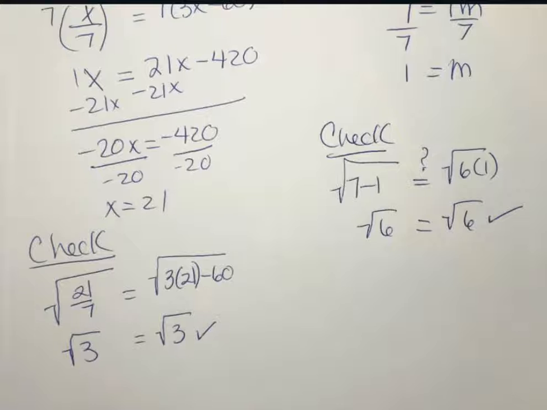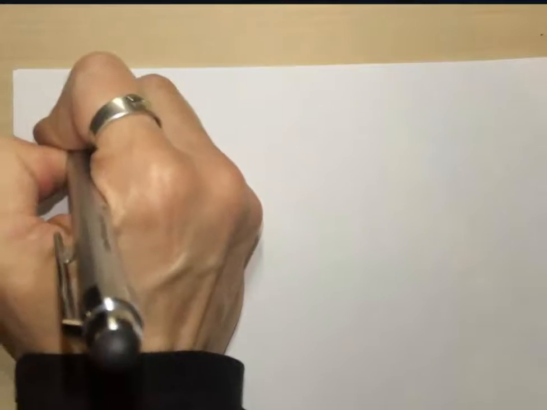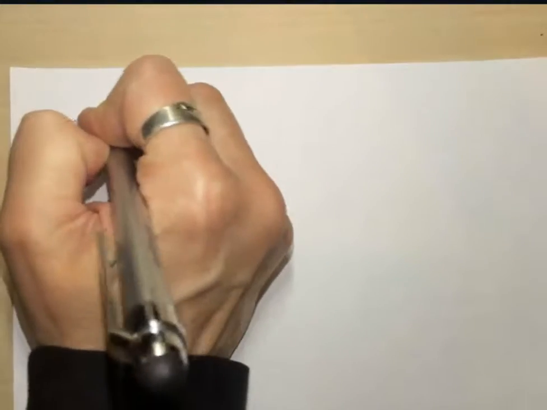All right. We have one more type that I want to show you, and then this video will be at the end. So let's do something with irrational exponents. So what if I have, so this is example number 7.